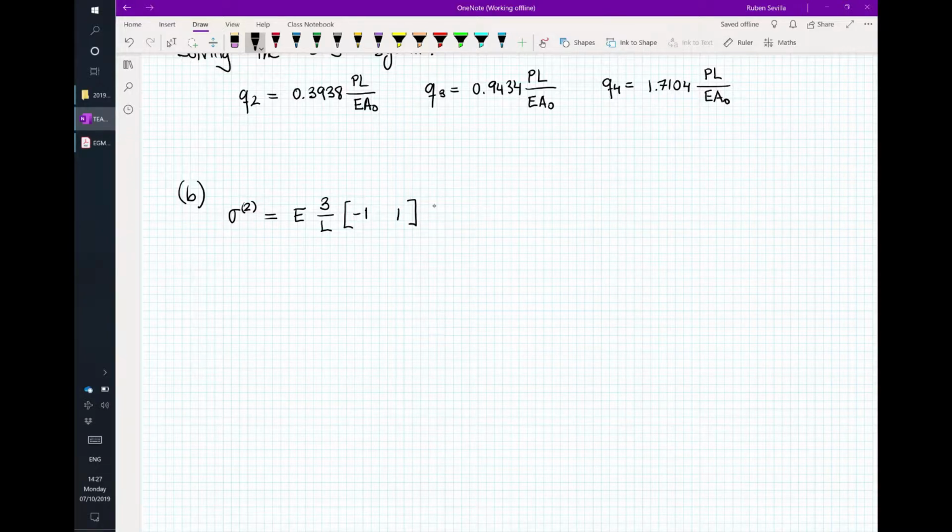And this multiplies the displacement in the element, which is Q2 and Q3.